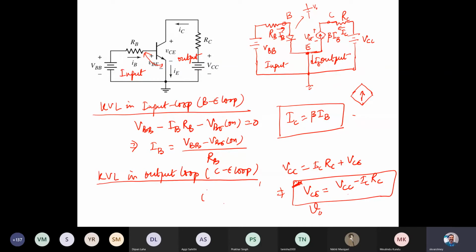Let's say this is a 4 volt battery, RB is 220 kilo ohm, RC is 2 kilo ohm, VCC is 10 volt, VBE on is equal to 0.7 volt, and beta for this transistor is 100. Can we obtain all the currents flowing in the circuit, as well as the output voltage?